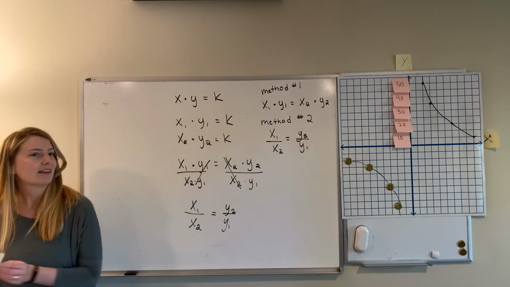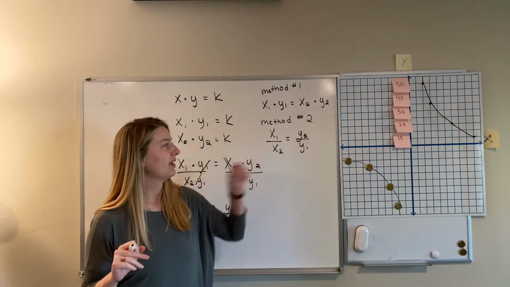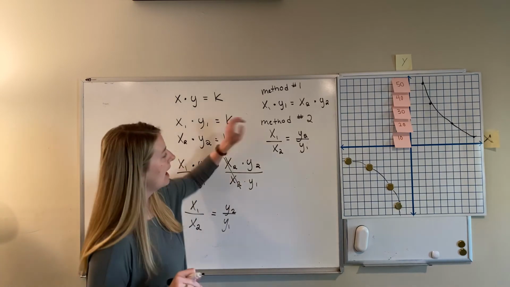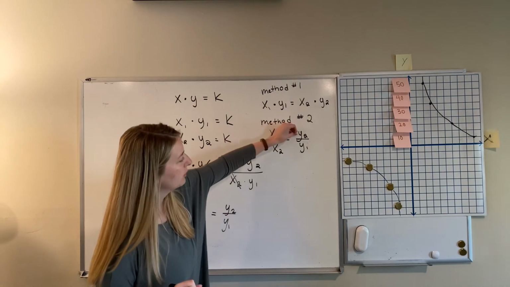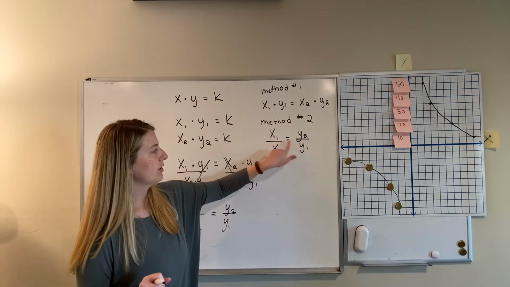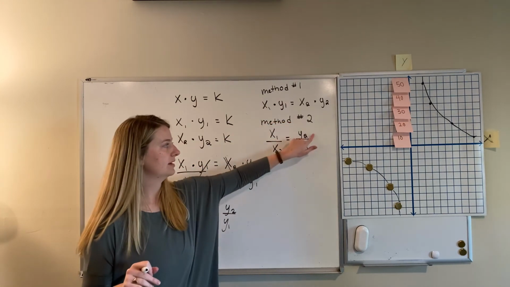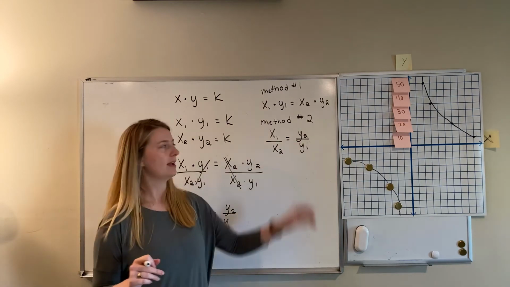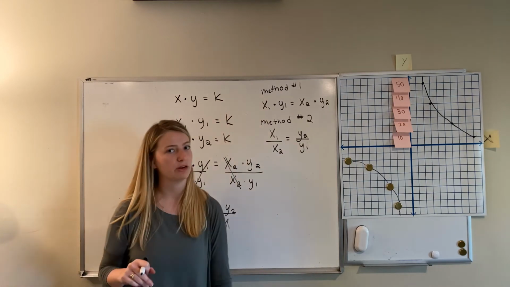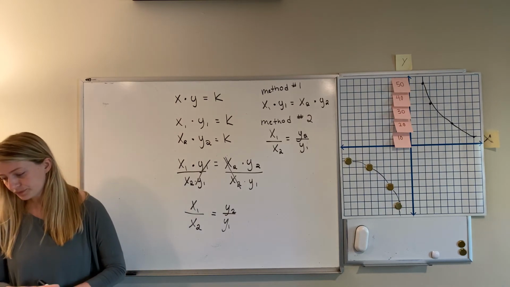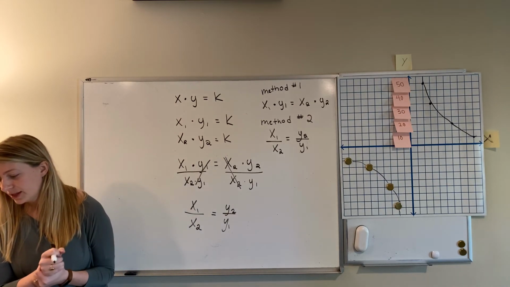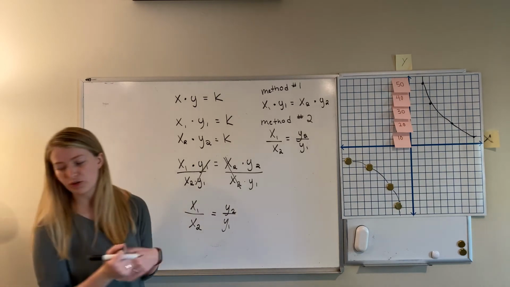I will say this isn't my favorite just because you have to keep straight that this is x1 over x2 equal to y2 over y1. Notice your crosses are your 1s and your crosses are your 2s. I do think this is the easier method for keeping your numbers straight, but we'll do an example for each. Alright, so example 3, solve for x.